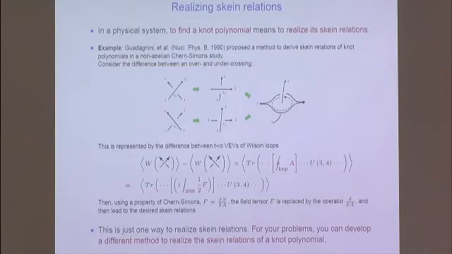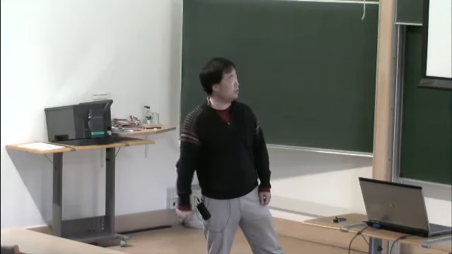Then in the Chern-Simons integral, this area will lead to the operator partial A, by using a property of Chern-Simons theory. By doing this, they derive the desired skein relations.